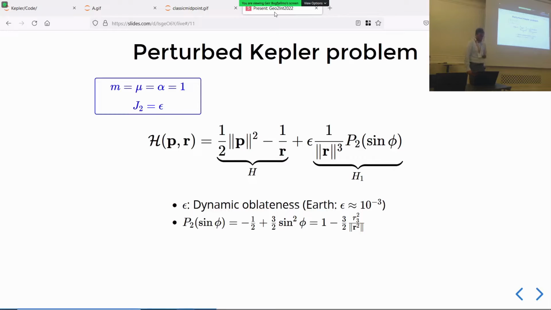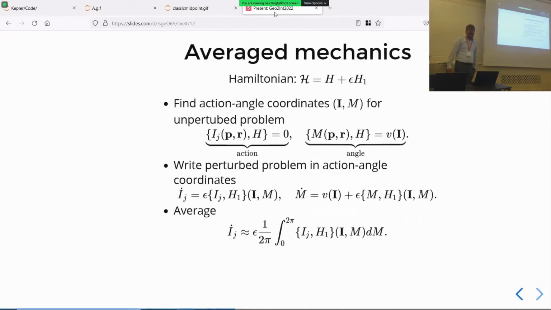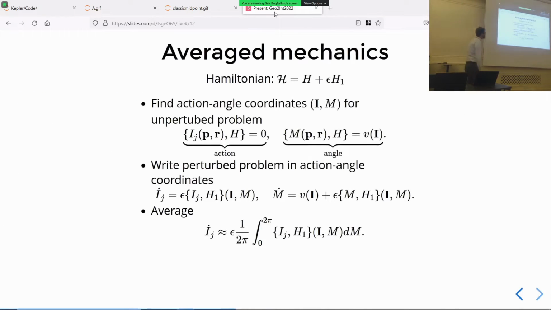I put that equal to 1, and alpha is now the radius of the Earth, or the mean radius of the Earth, I guess. So we have this, and this J2 I'm calling epsilon because it's a small parameter. So the idea for averaging mechanics, the way I understand it, is we need to find some action-angle coordinates for the unperturbed problem.